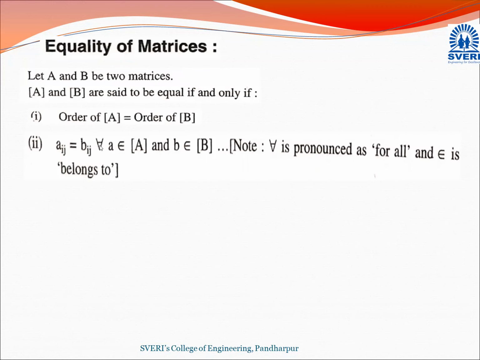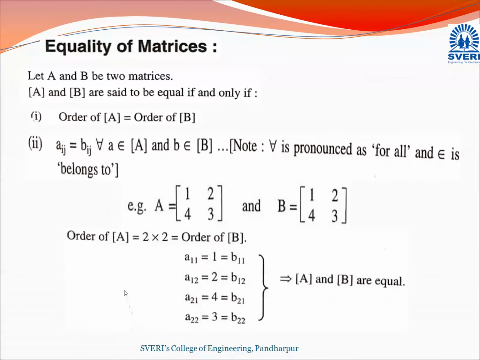Second property: Aij is equal to Bij for all elements of matrix A and matrix B. One example we have taken: matrix A with elements 1, 2, 4, 3 and matrix B with elements 1, 2, 4, 3. So these two matrices are equal if they have the same elements.